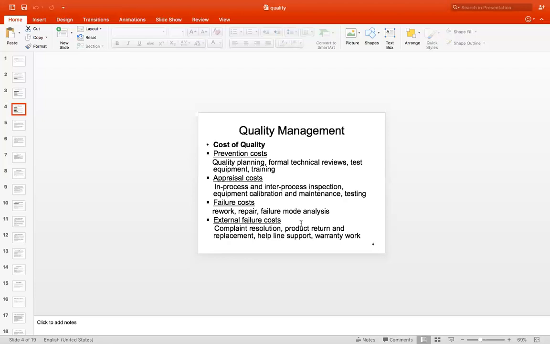Failure cost. So failure cost means the cost or the amount which we are spending for some rework, repair, or failure mode.